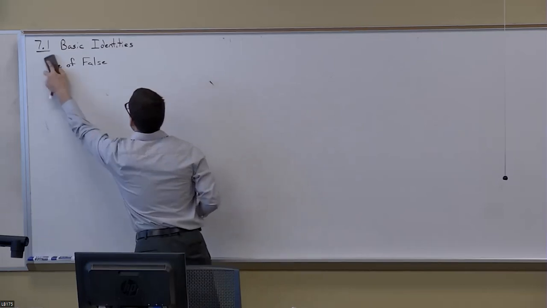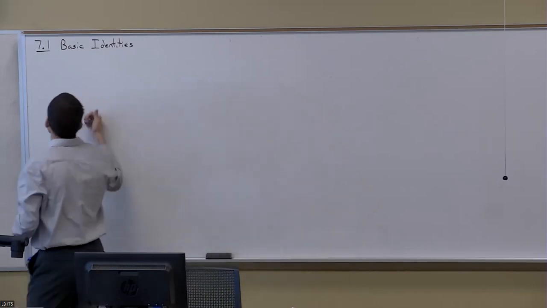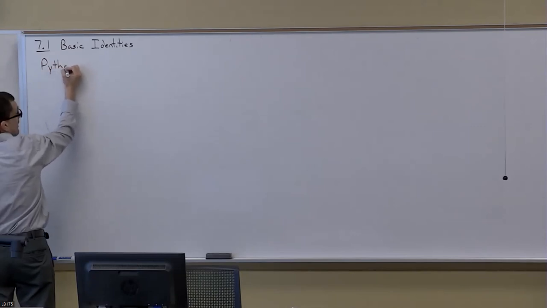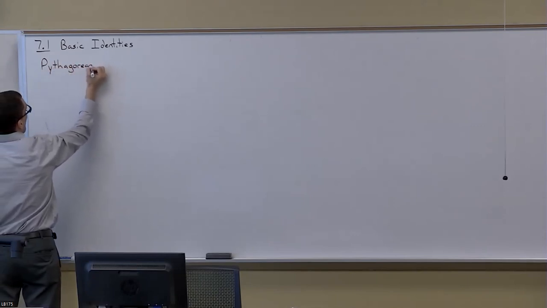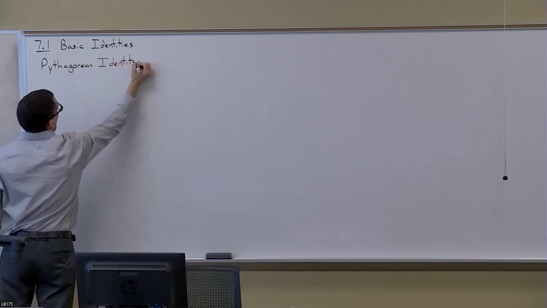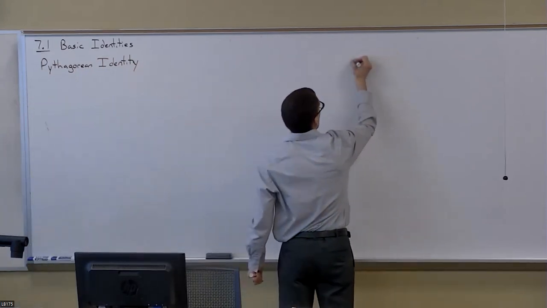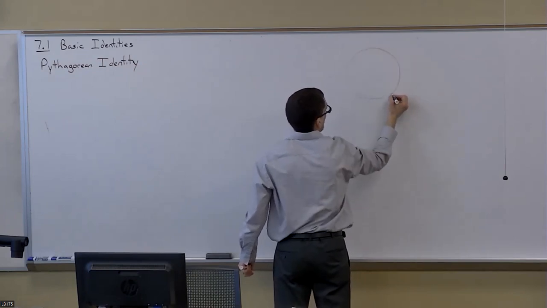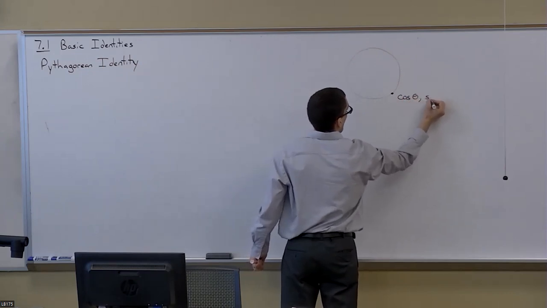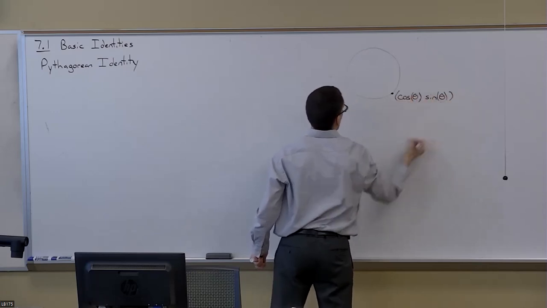Also in 7.1, what they call a basic identity is what we call the Pythagorean identity. We mentioned this earlier because every point on the unit circle is cosine theta comma sine theta.